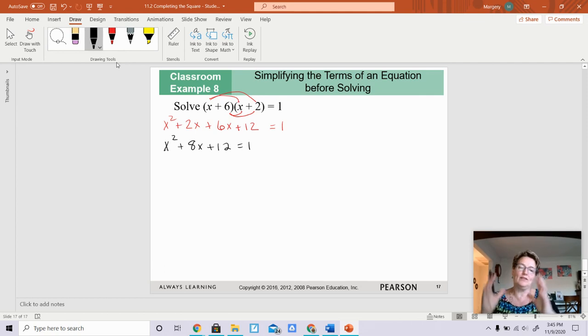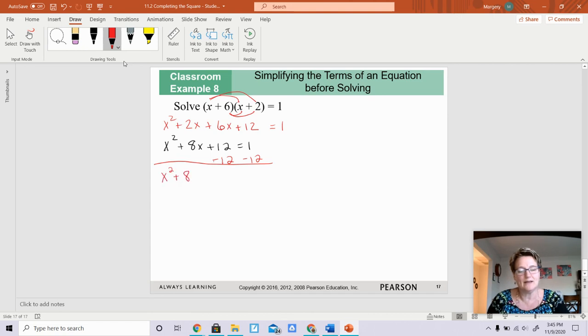Now remember, I want the variables on one side and the constant on the other side. So I am going to move this 12 over, and I'm going to try to make this a perfect square trinomial. I always put that plus something. Remember, a negative 12 plus 1 is a negative 11.